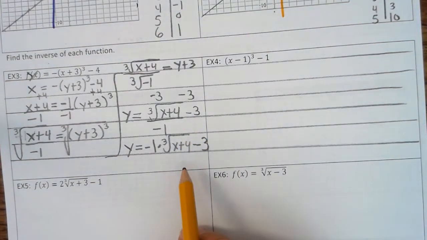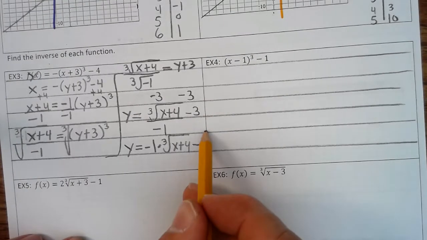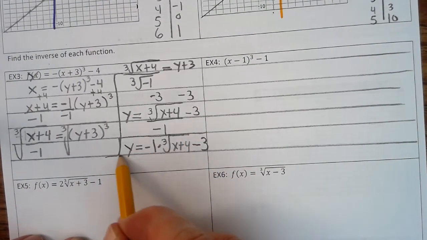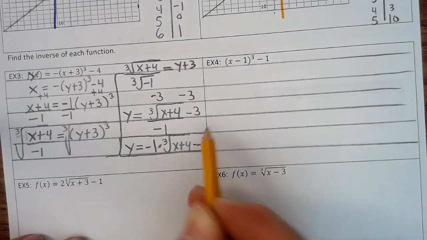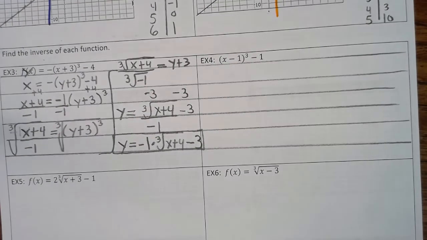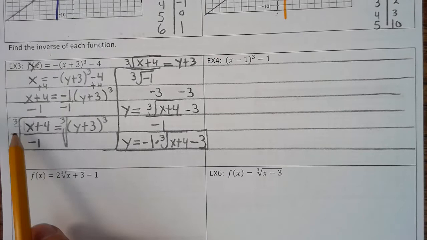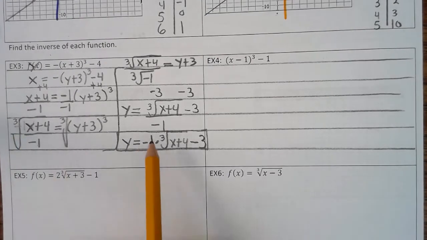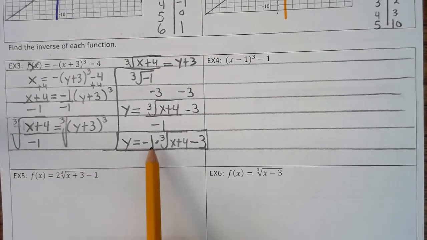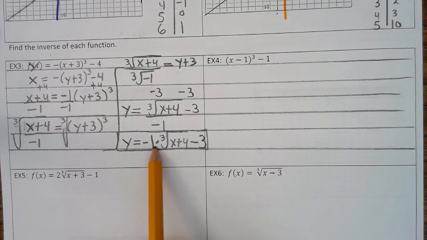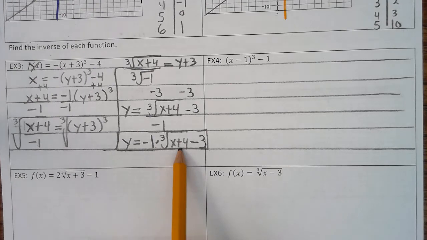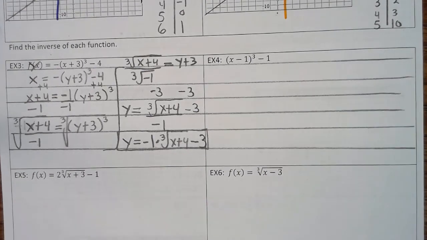And you want to make sure that that minus is outside of the cube root symbol. And the reason why we didn't divide here is because that negative 1 tells us that it reflects over the x-axis, and the 1 tells us that there's no vertical compression or vertical stretch, and we kept the transformation correct at x plus 4. All right.